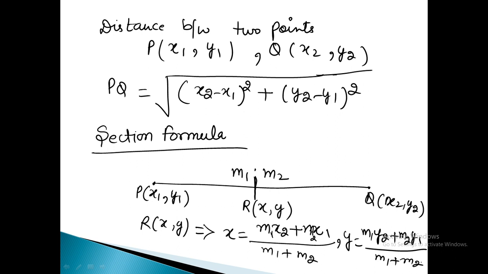You should keep in mind that when you want to divide a line segment and find M1 and M2 in ratio form, then we will use these formulas.